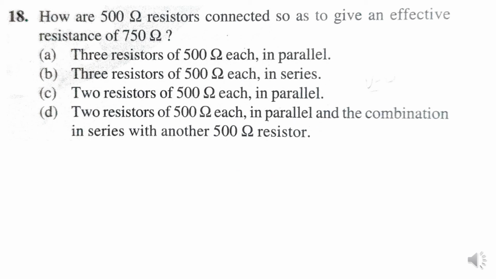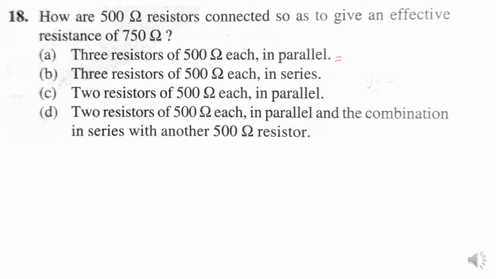Next problem. How are 500 ohm resistors connected so as to give the effective resistance of 750 ohm? See the first one, we have to consider from the answers only to find out the correct one. So 3 resistors of 500 ohm each in parallel.